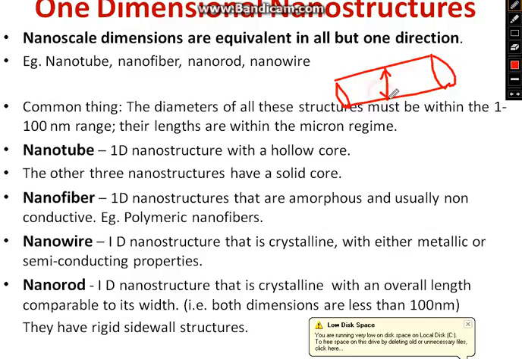And the thing that is common to all these nanotubes, nanofibers, nanorods, and nanowires is that their diameter should be within the 1 to 100 nanometer range, with the added concession that their length could be in the micrometer regime. And the thing that differentiates a nanotube from nanofiber, nanorod, and nanowire is that only the nanotube has a hollow core, whereas nanofibers, nanorods, and nanowires are made of solid cores.